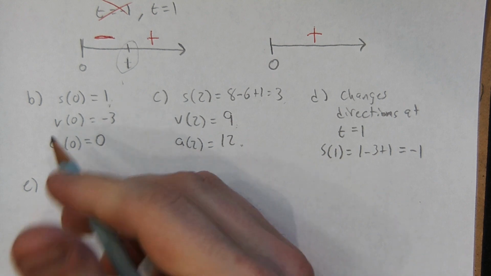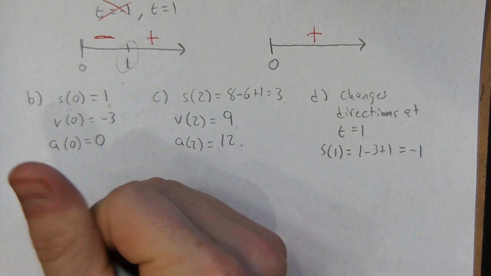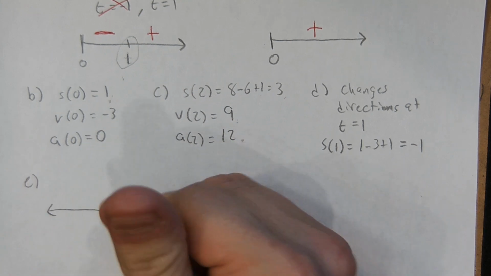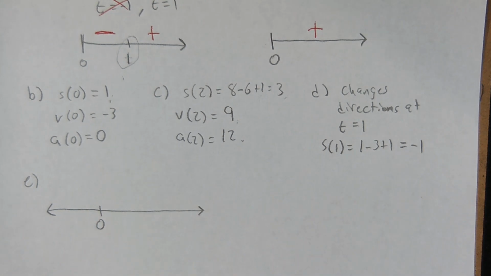So here we have a position axis with our origin being somewhere around here. The t values that mattered for us were time equals 0, time equals 1, and we were specifically told to figure out what was going on at time equals 2.